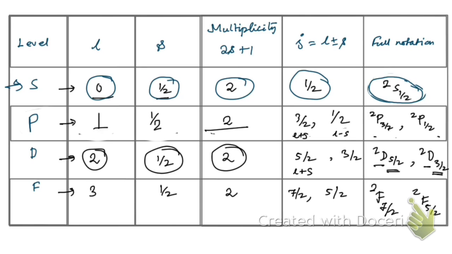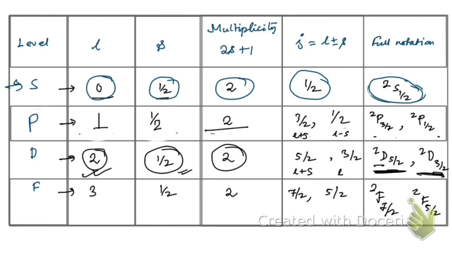So L is 2 and S is half. If you add these two, you get 5/2, and L minus S, that is 2 minus half, is 3/2. So that's why we are getting 2D 5/2 and 2D 3/2, right?